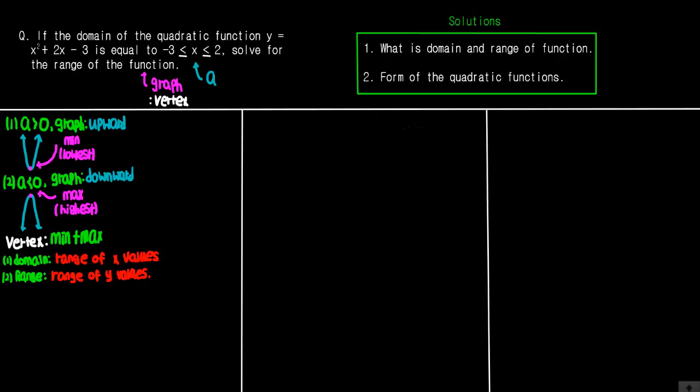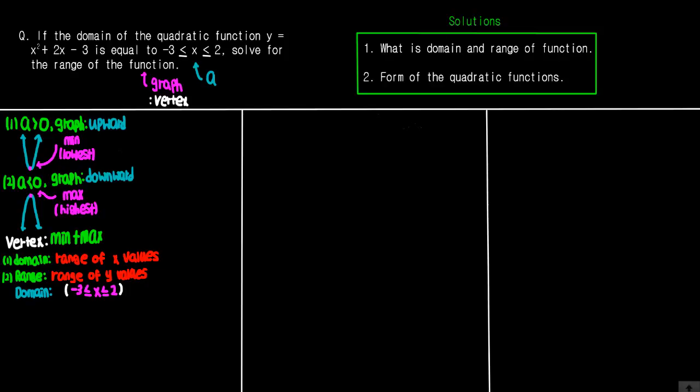From here, we know that they gave us the domain of our quadratic function, which means they gave us the limitation of our x values. So the x value can be greater than or equal to -3, and also less than or equal to 2. This is the domain of our quadratic function.